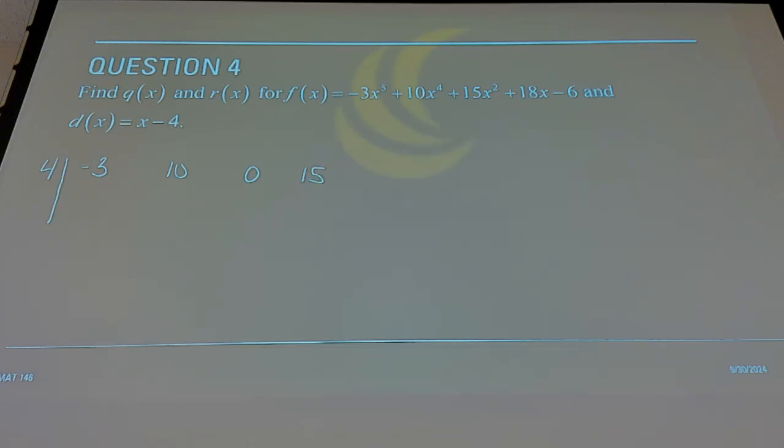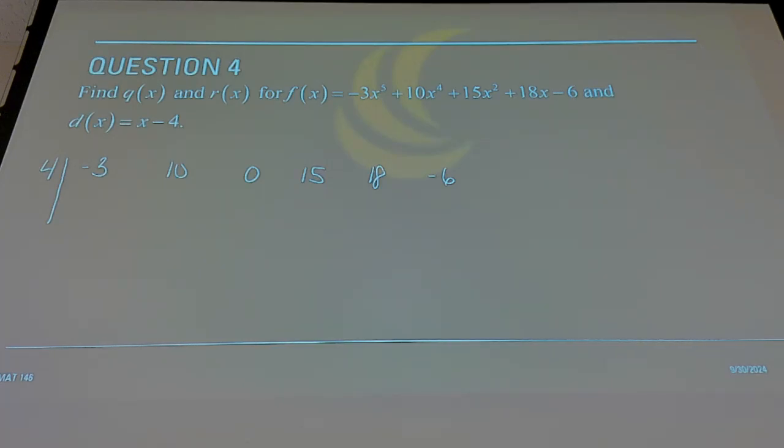You missed the coefficient for x cubed originally. This is the biggest hiccup made in synthetic division.